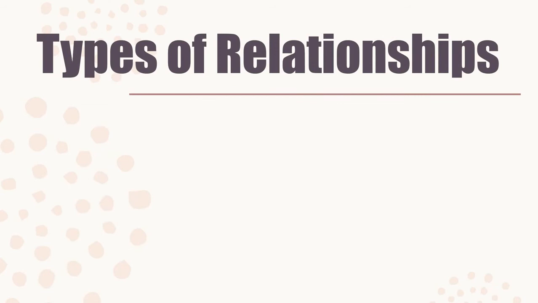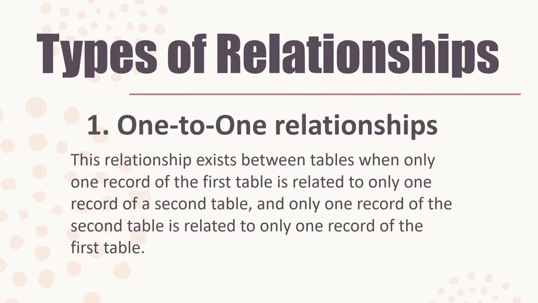Okay, we do have different types of relationship. When two or more tables are related, there exists between them a specific type of relationship, and there are three types of possible relationship.